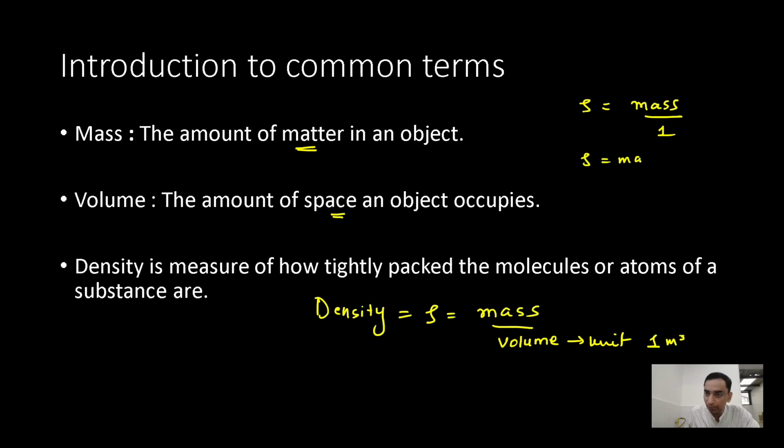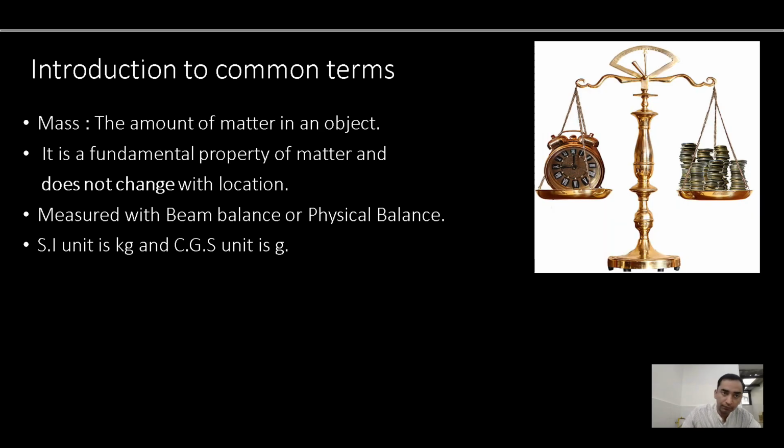So density becomes equal to the mass. So density is equal to the mass of the body per unit volume. It measures how tightly the molecules or the atoms are packed inside the object.